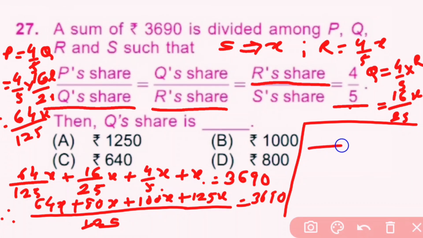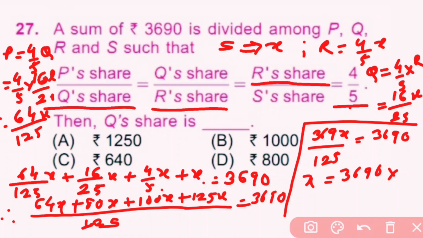So here the denominator is 125 and the addition of 64x plus 80x plus 100x plus 125x is 369x is equal to 3690. Now here x is equal to 3690 into 125 divided by 369.